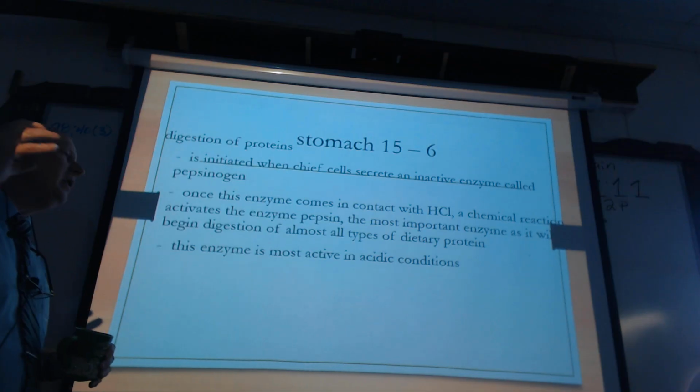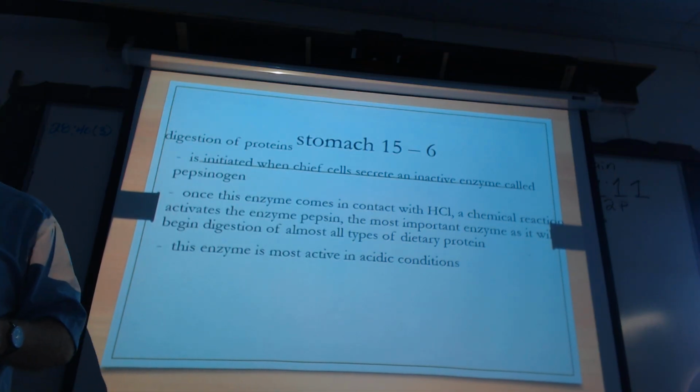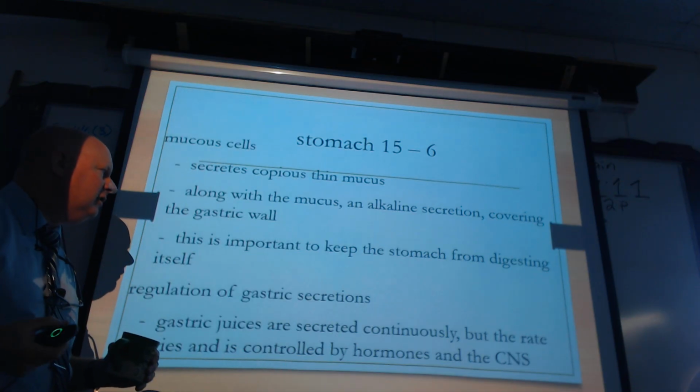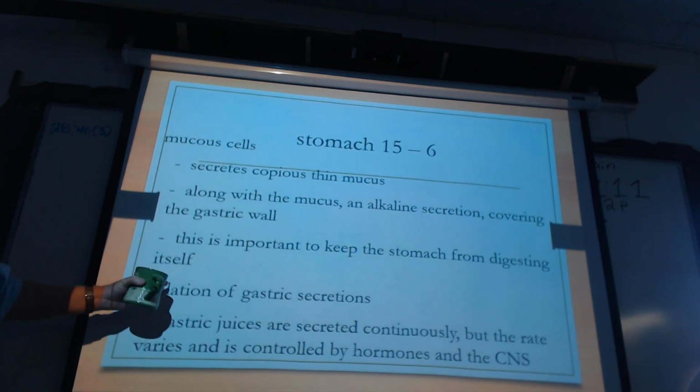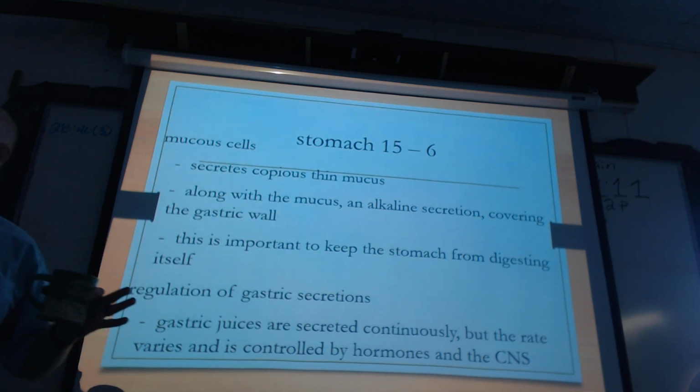If it moves into the small intestine, those do not have mucosa cells, and if they can't secrete mucus, they could be vulnerable to this concentrated acid. But if we have a way to regulate that, then we might not have so many issues.